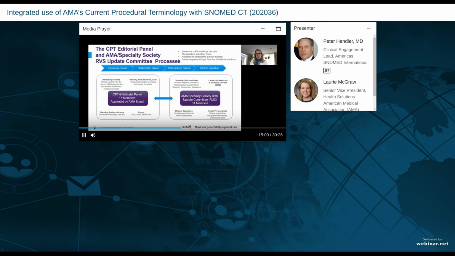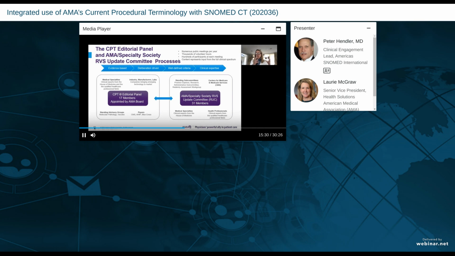This code set is overseen by an independent panel. There are a number of public meetings every year. It is an open and transparent process for advancing the code set. It's updated annually. There are some parts of the code set that are updated more frequently, like PLA codes, which are largely genomic codes, which are advancing at a different pace.